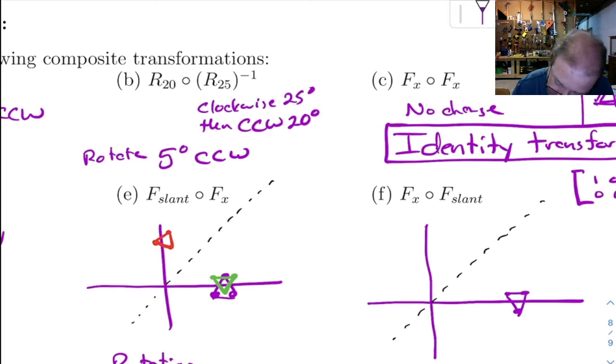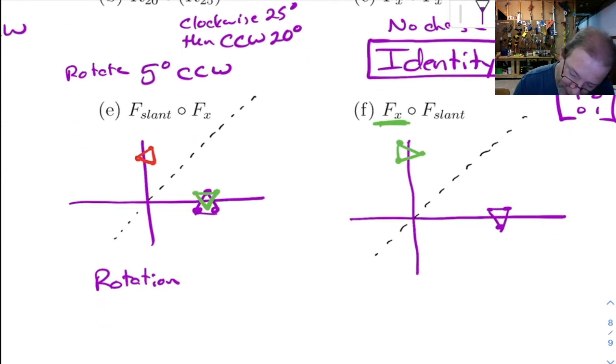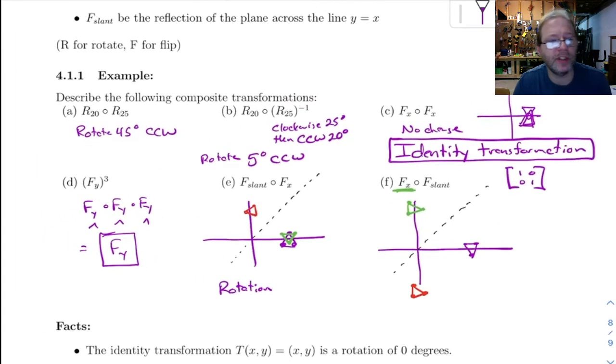When you do that, you get this. And then we're going to flip it across the x-axis to get the final one. If you flip that across the x-axis, it's going to go down here. So the important thing I want you to get out of that is the order matters. Doing this in one order gets us one answer. Doing it in a different order gets us a different answer.